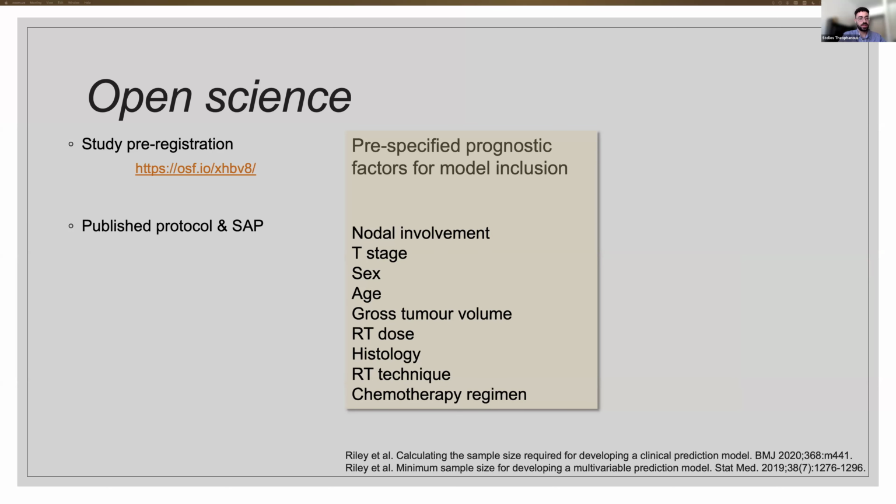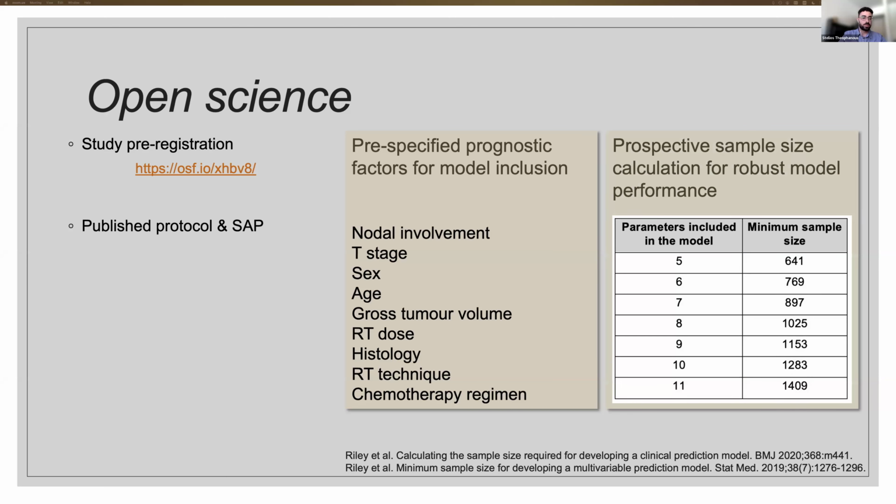Specifically in the protocol, we pre-specified which factors we would be including in our models, and we carried out a prospective sample size calculation in order to find out how many factors we could include in our models for different cohort sizes, because at the time we did not know what the final cohort size would be.